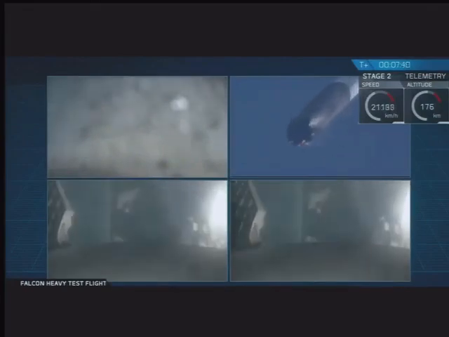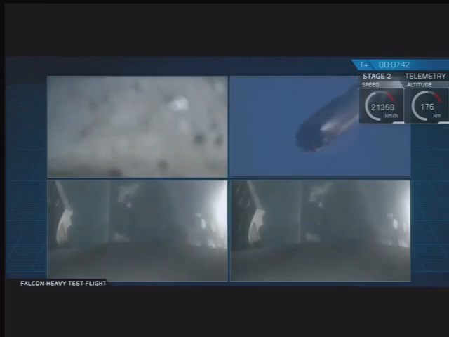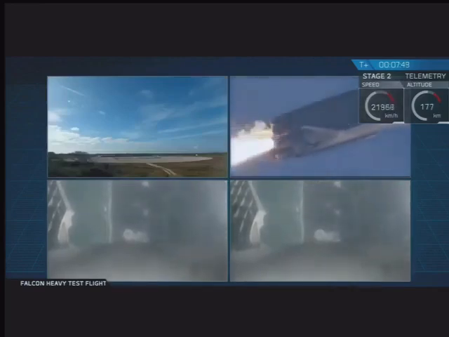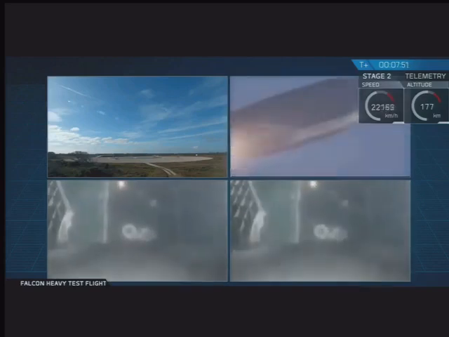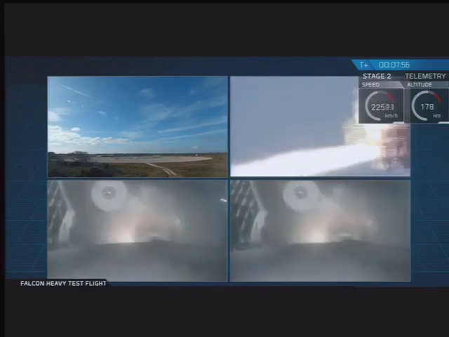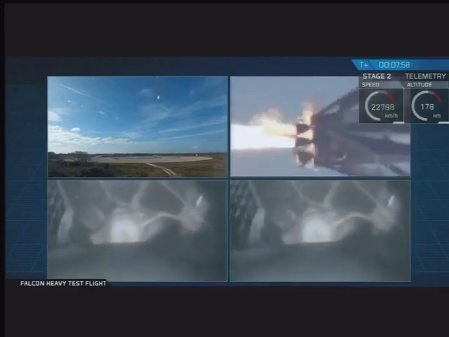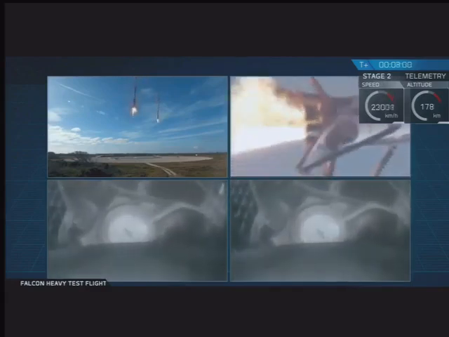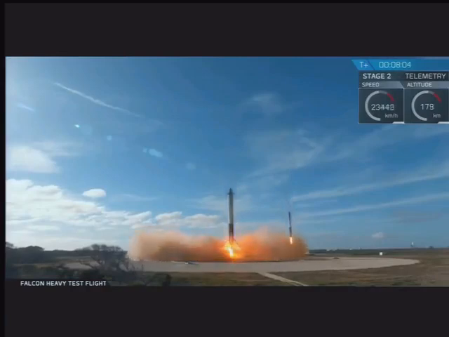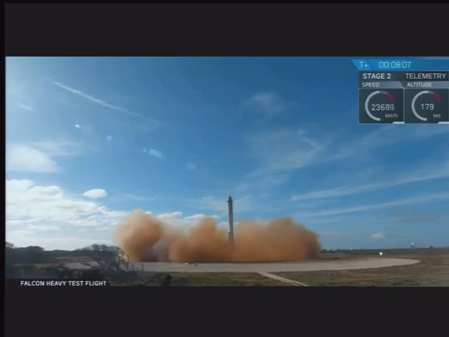Do you see anything there? At the bottom, you see the view from the rocket. And here's the cool part. Look at the top left. Isn't that cool?